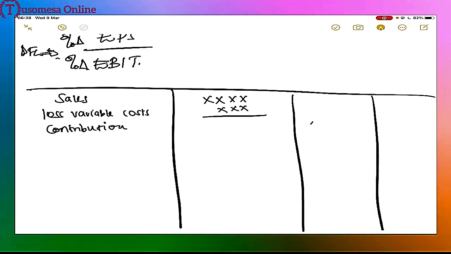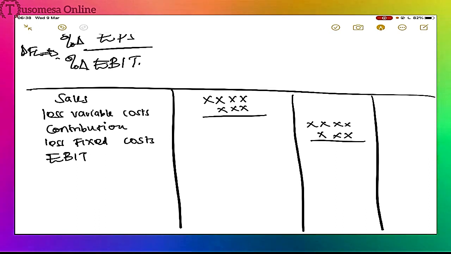Then contribution minus fixed costs gives you the earning before interest and tax. And so that is the column for operating leverage.